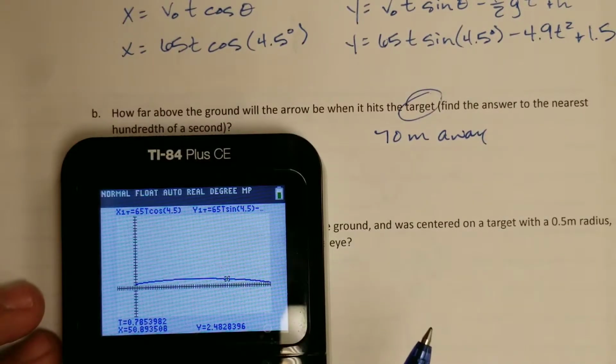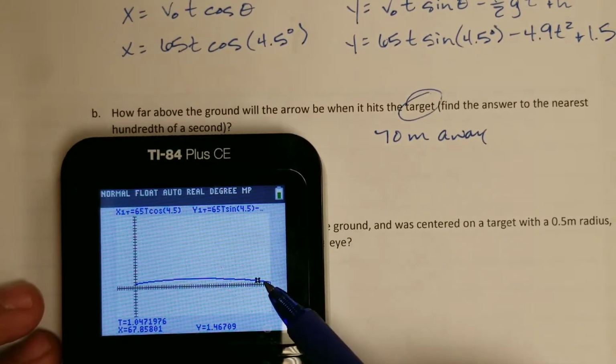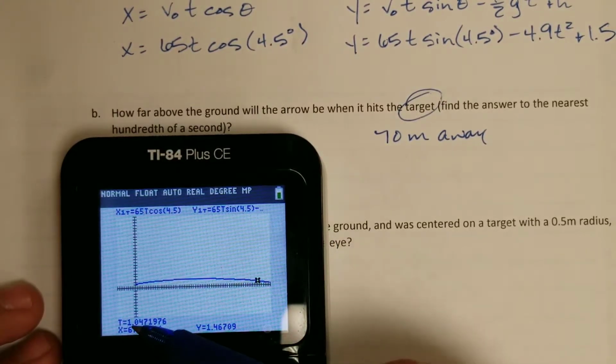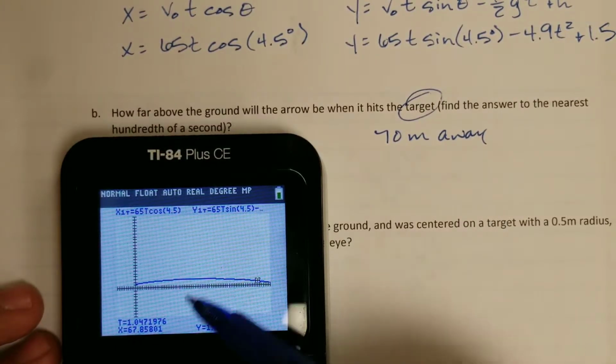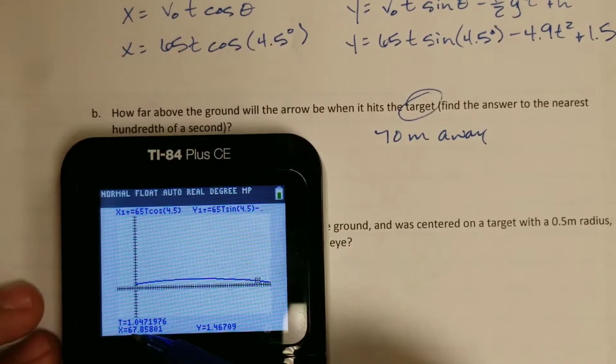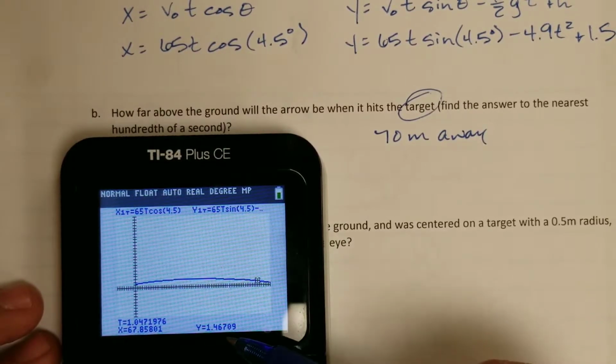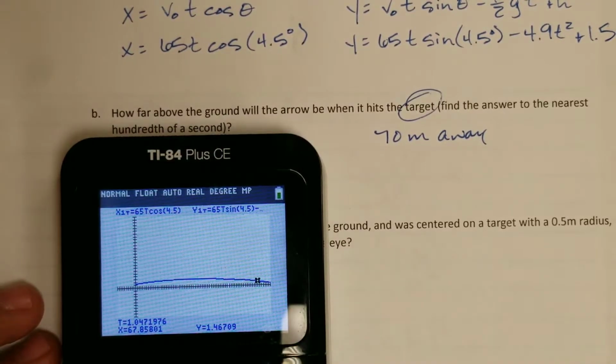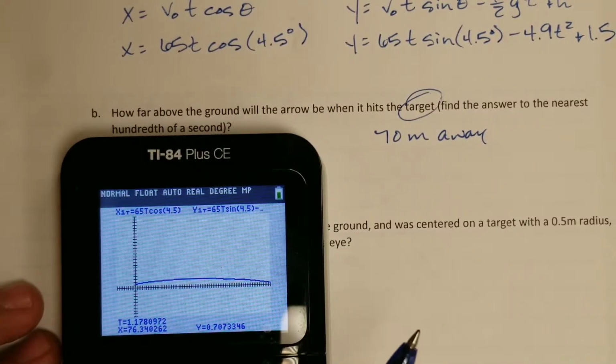So we're going to go all the way to 70 or close to 70. Right there where my cursor is, I'm 1.05 seconds in the air, and I'm at almost 68 meters away. And then the next one was 76 meters away. So our target is somewhere between those two.